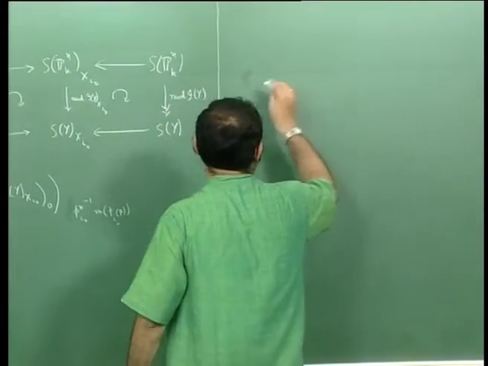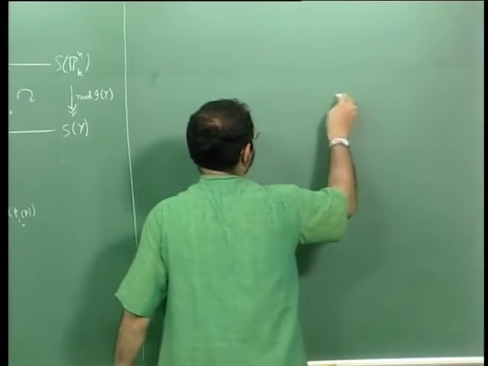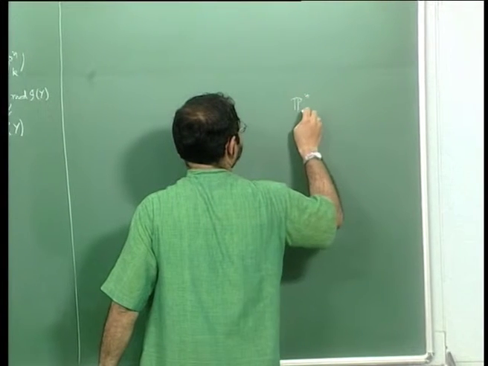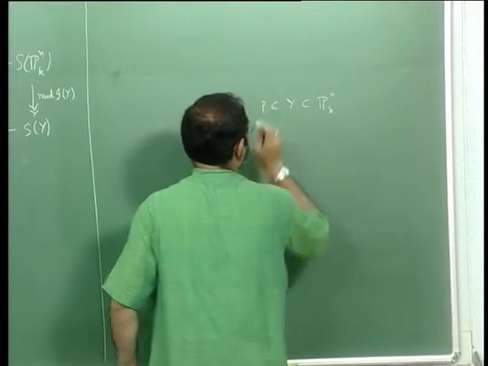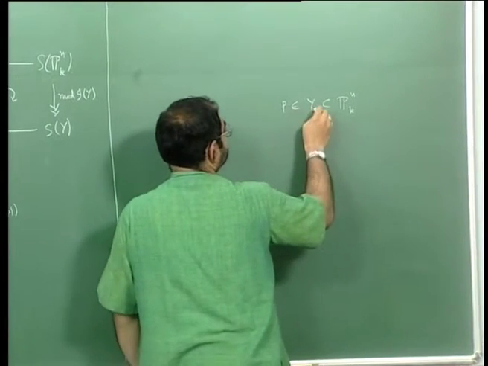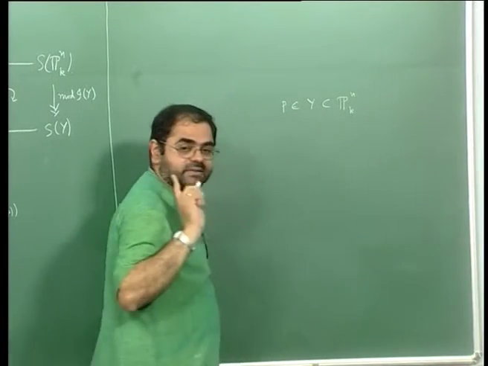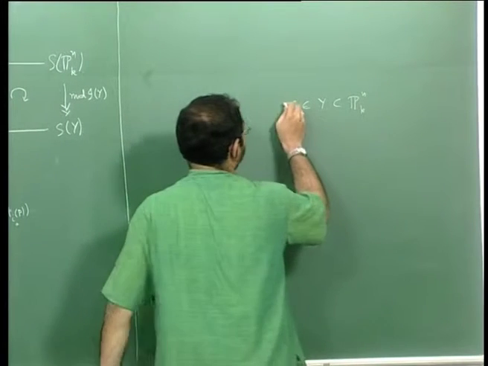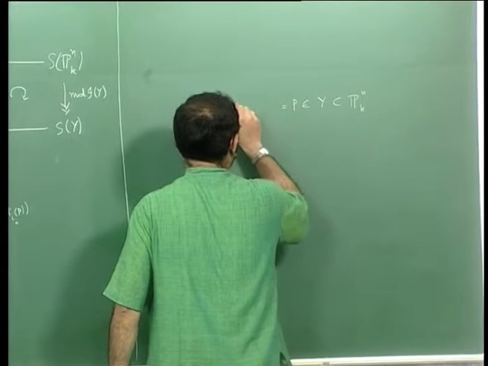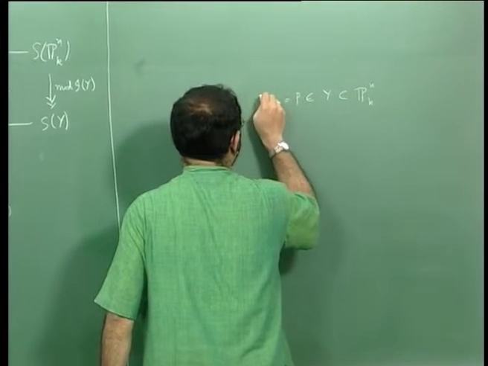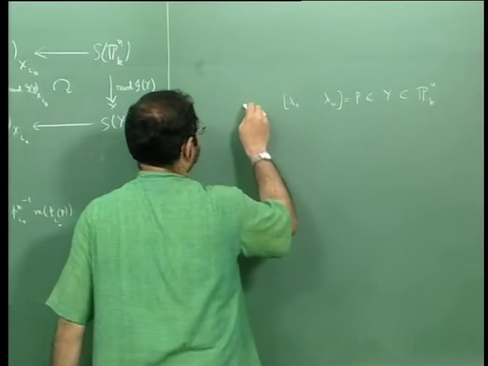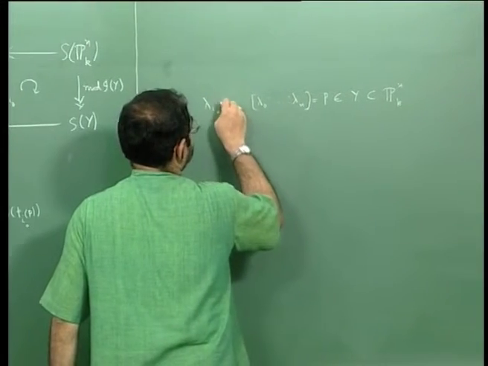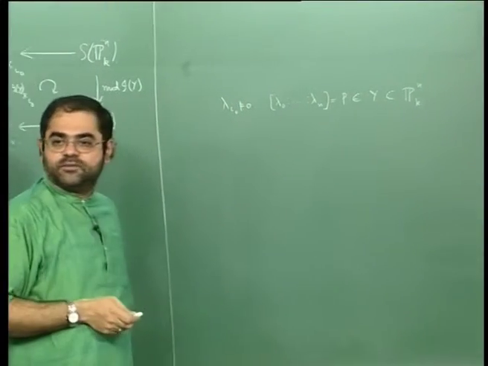So let me do the following thing. You have this projective space, and you have this Y, and you have this point p. Of course p is in U_{i0}. So you know this p has homogeneous coordinates λ_0, ..., λ_n, and λ_{i0} is not 0, because it is in U_{i0}.